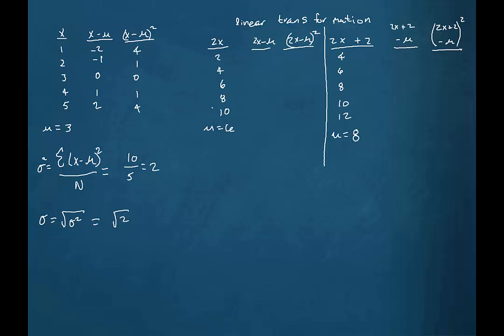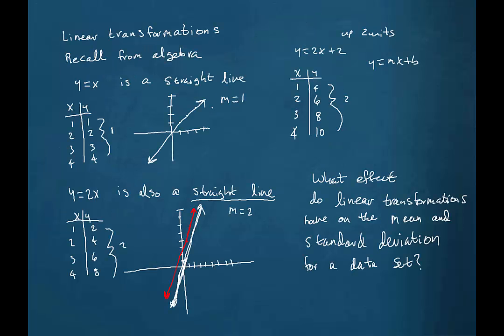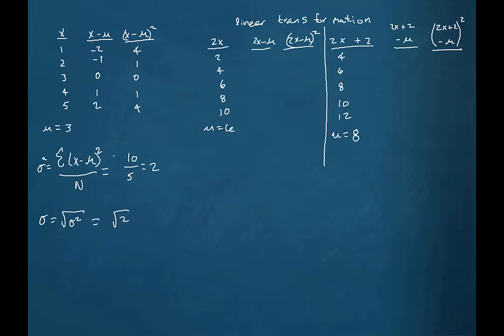Just like we did with the line earlier, what happened was the data values spread out by 2. So if we subtract the mean now, the mean is going to be 6 now when we multiply by 2. And that's our first interesting thing that we're noticing here. When we add these up, we're going to get 30, and then divide that by 5, we're going to get 6.